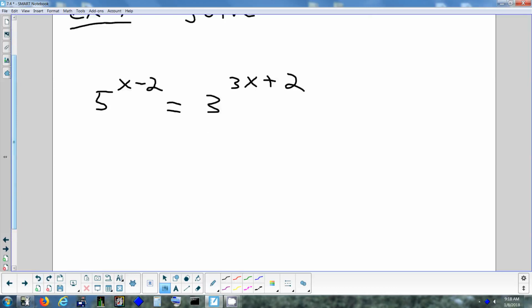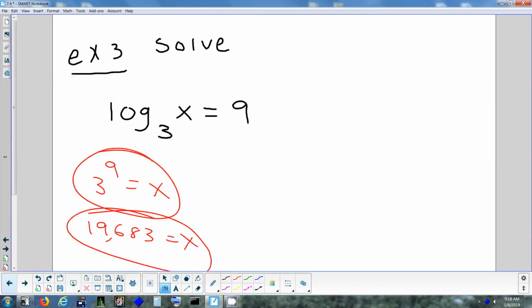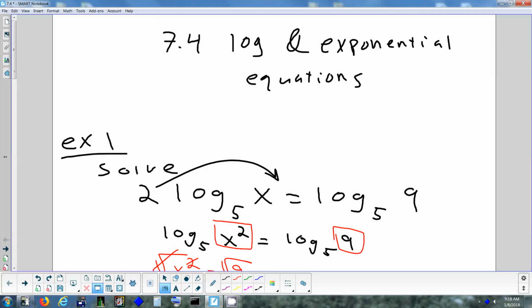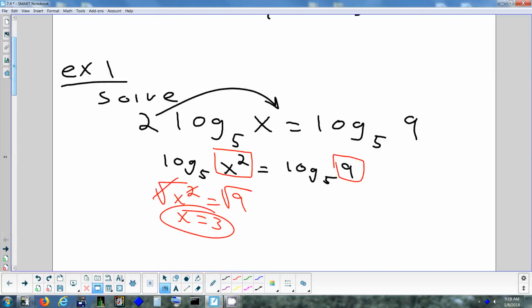So I have exponents. And what's a rule that we can do with exponents? What are we allowed to do with an exponent? Think about what we did on this problem, the first one we did.